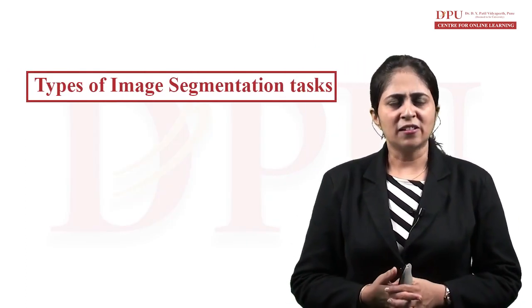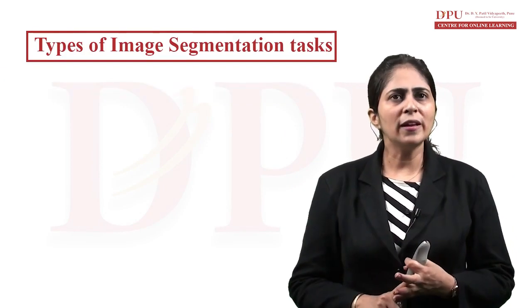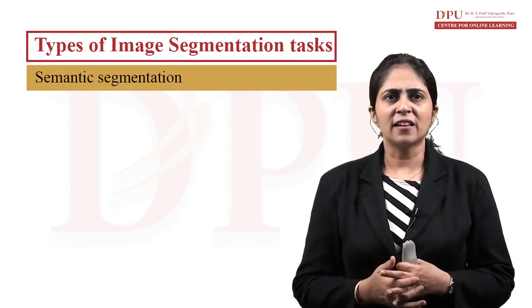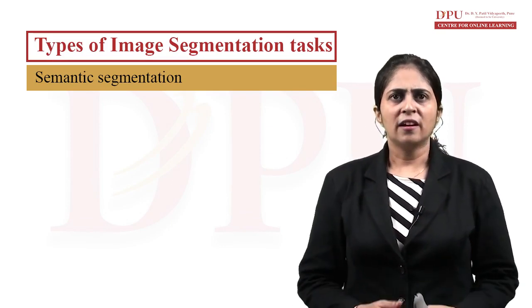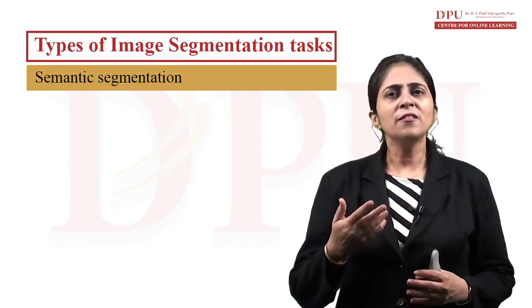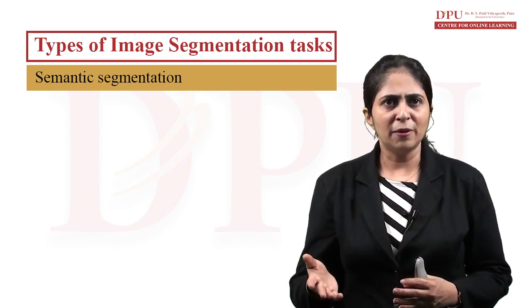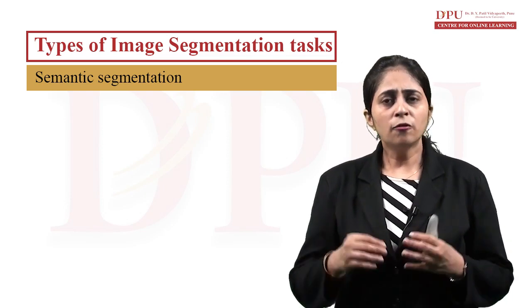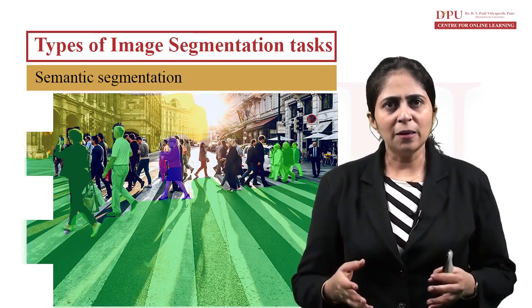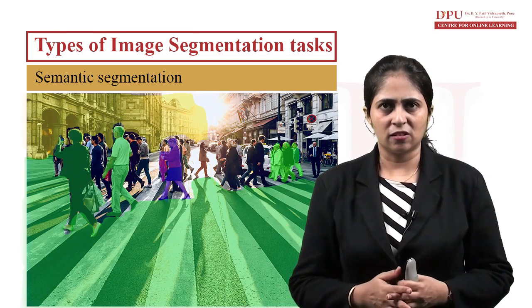Now we have the types of image segmentation tasks. The first one is semantic segmentation. Semantic segmentation refers to the classification of pixels in an image into semantic classes. For example, we have an image of a crowd in a street.